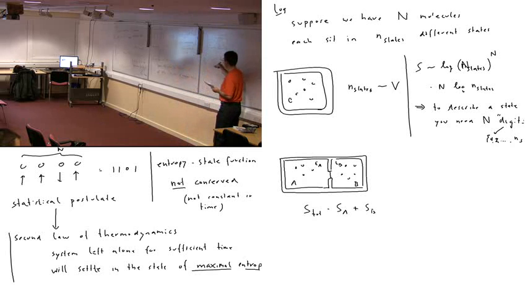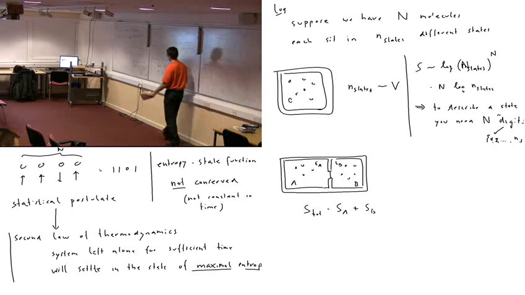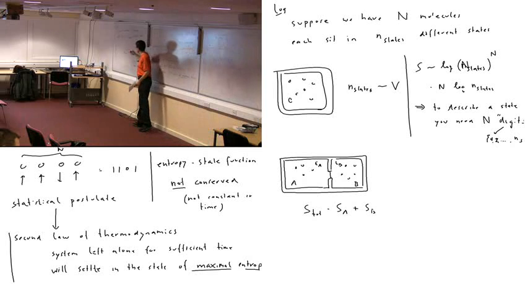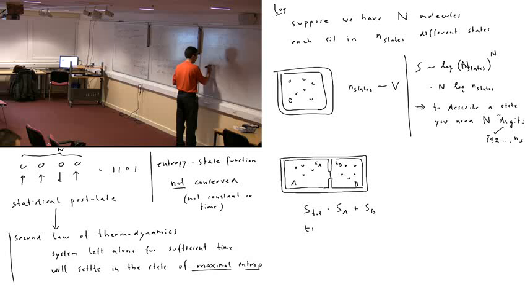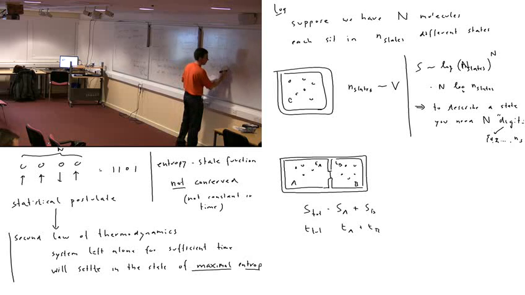Again, the fact that I can simply add up these entropies has to do with the fact that we have this logarithm in the definition of the entropy. And we have a total energy E tot, which is the sum of the energy in box A and the energy in box B.